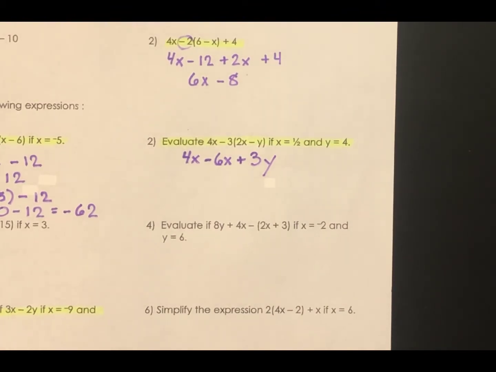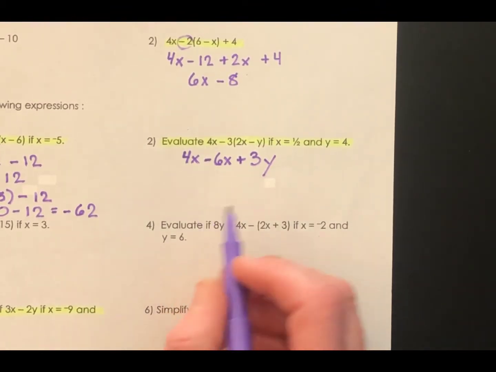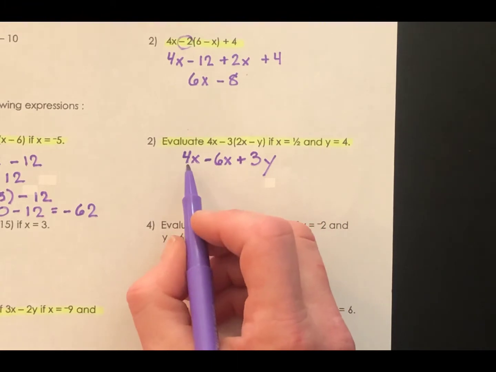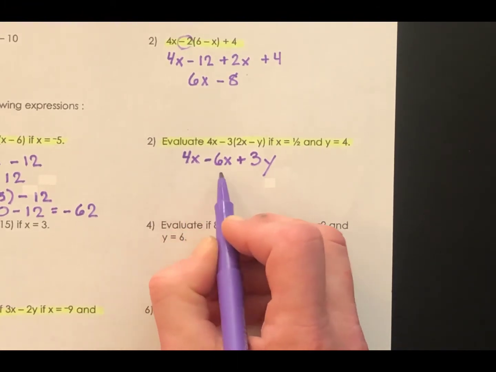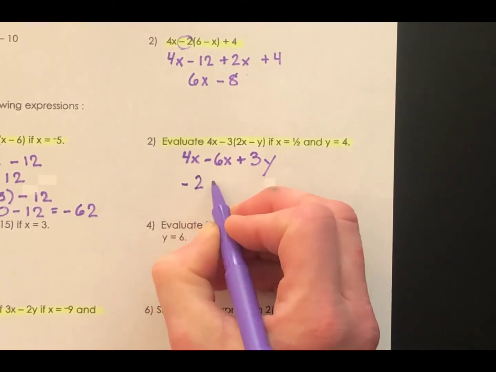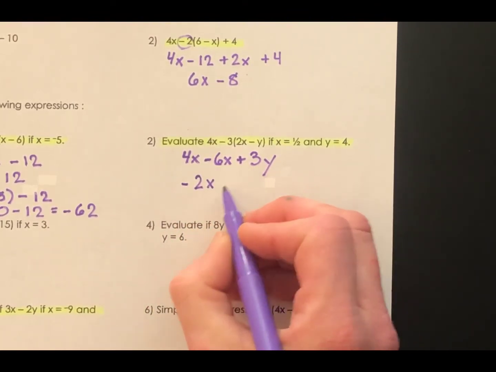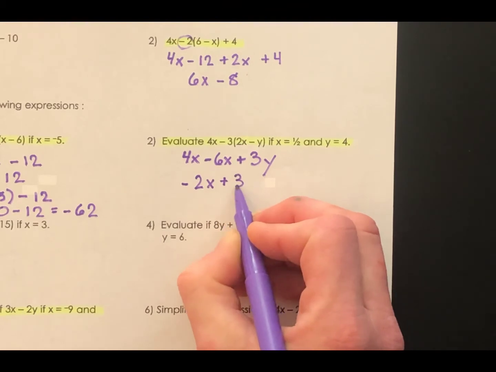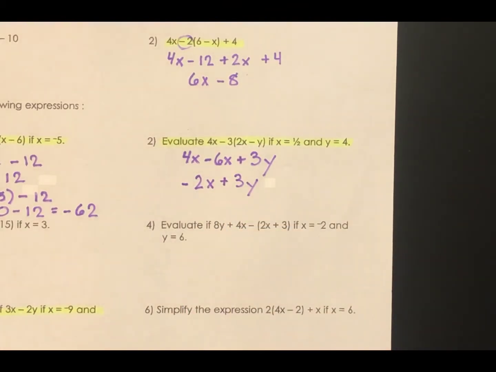There we go. I can simplify this one more step. 4x minus 6x is negative 2x plus 3y. There we go.